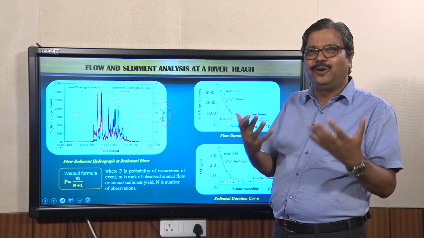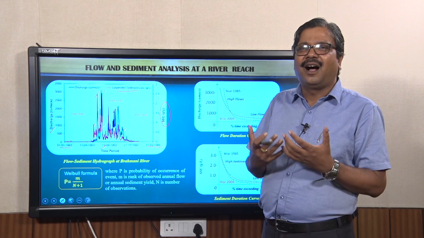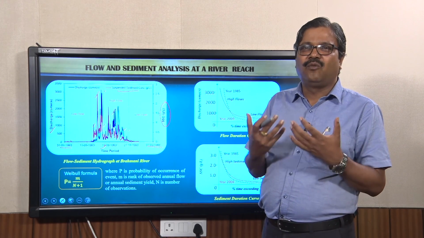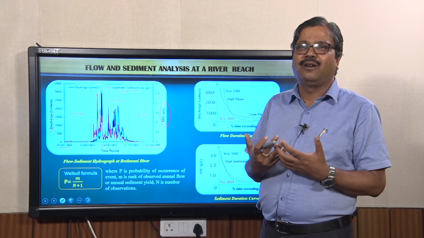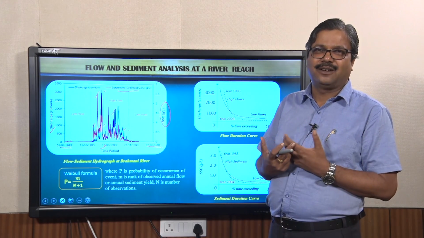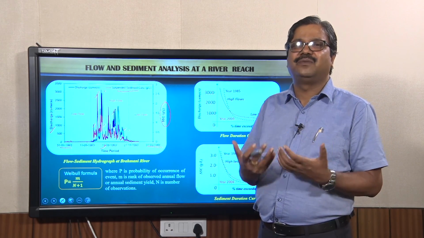Similarly, whenever you start any river engineering project, first we look at how the flow varies and how the sediment varies. First we draw the flow hydrograph and sediment hydrograph, because that explains to us how the river behaves.